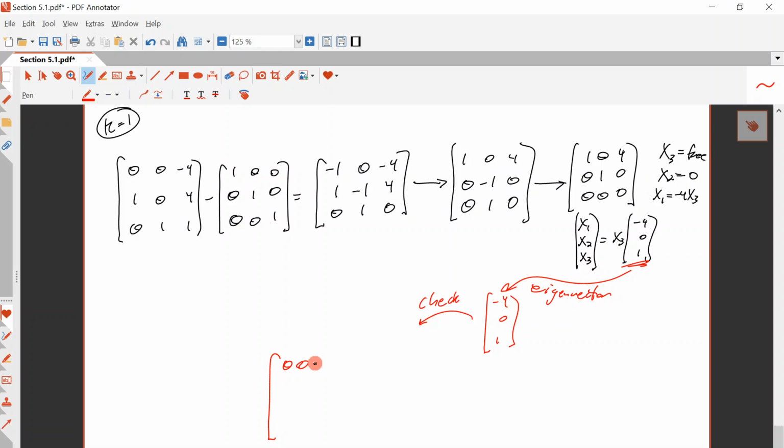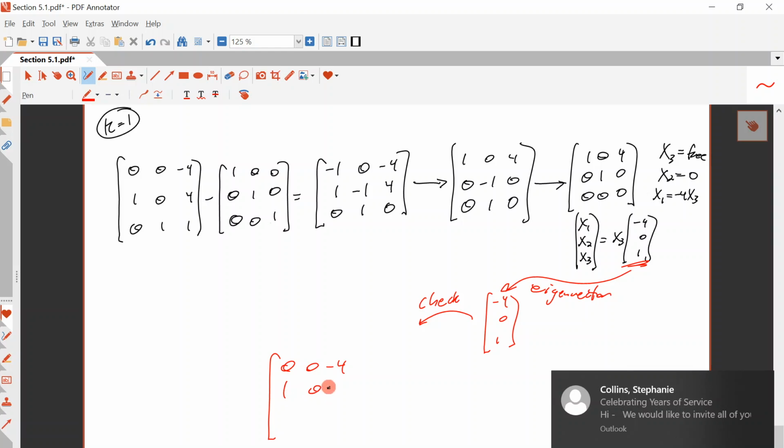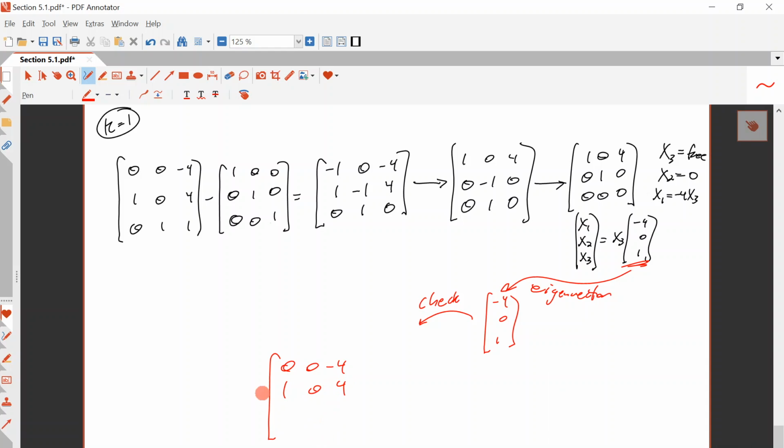So that's 0, 0, minus 4, 1, 0, 4, 0, 1, 1 times minus 4, 0, 1. So I'm going to multiply this and get the same vector back. So that's 0 plus 0 minus 4. And then this is minus 4, 0 plus 4, 0. 0 plus 0 plus 1. Alright, so there you go.